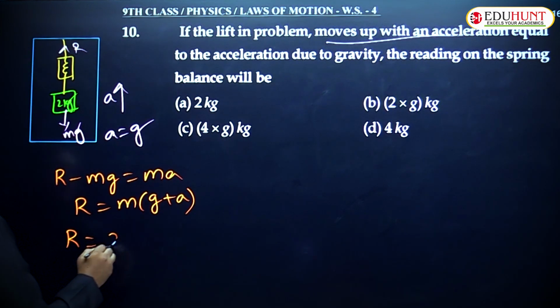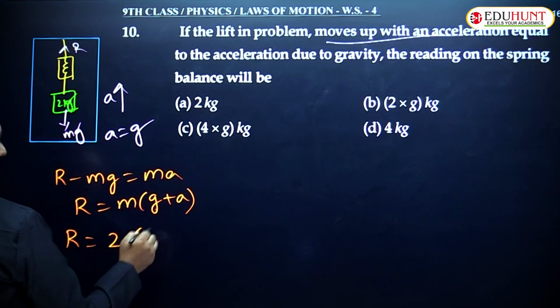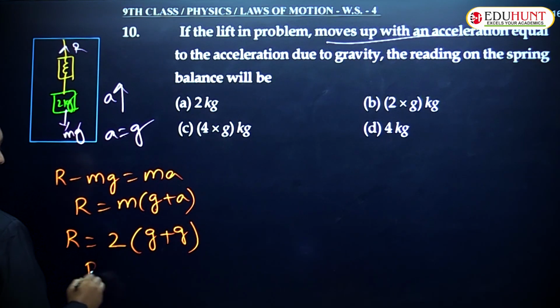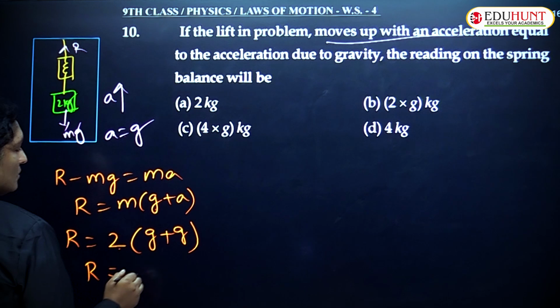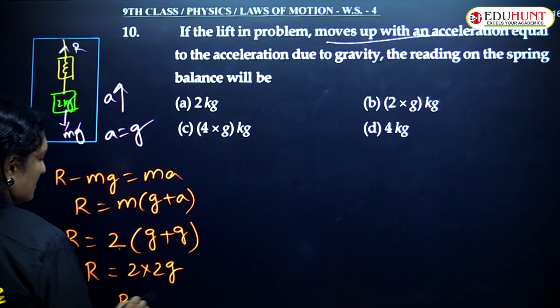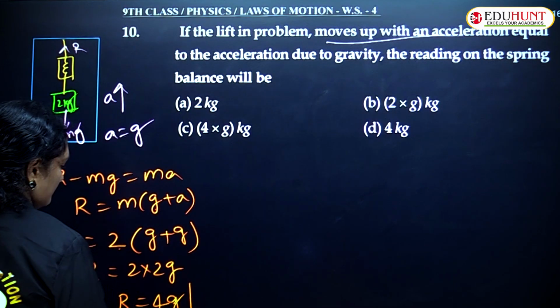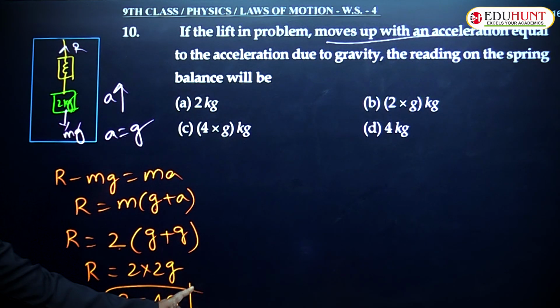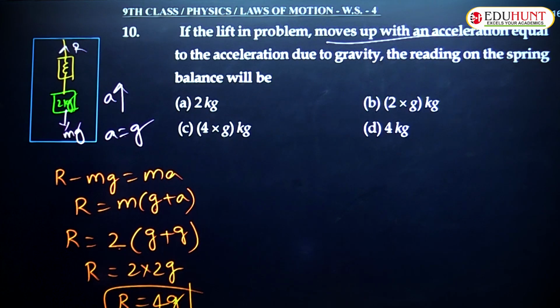So, mass is 2 kg. Gravity is g, a was also given as g, then R is equals to 2 into 2g, or R is equals to 4g. What is that? 4g is measured in newtons or kg force.